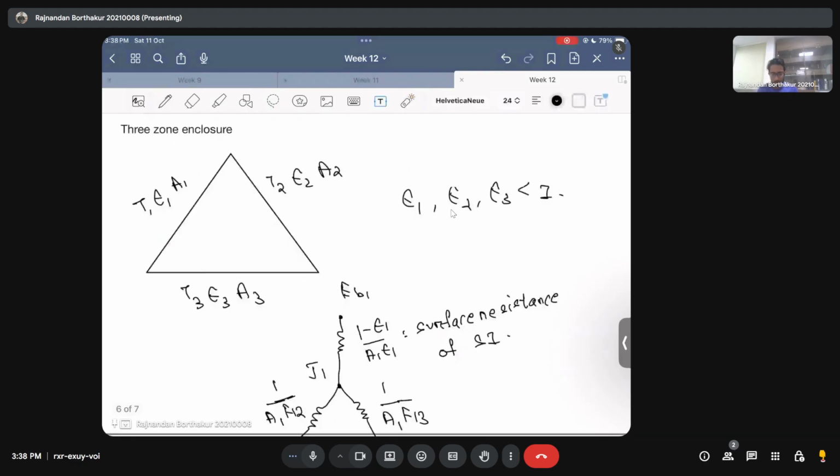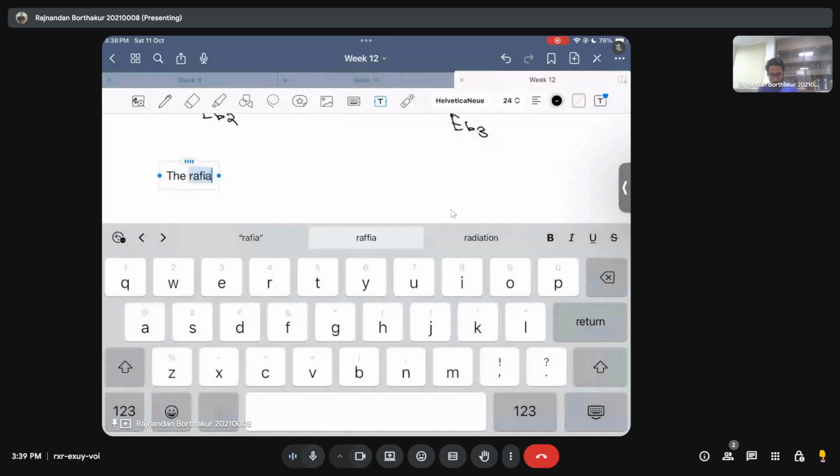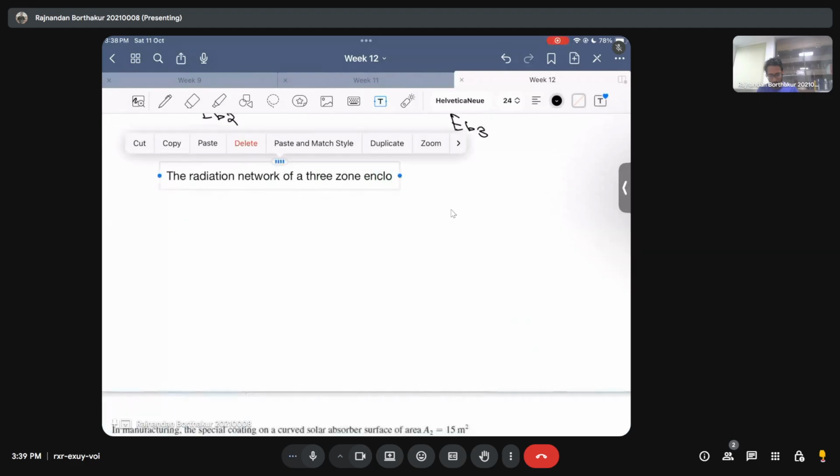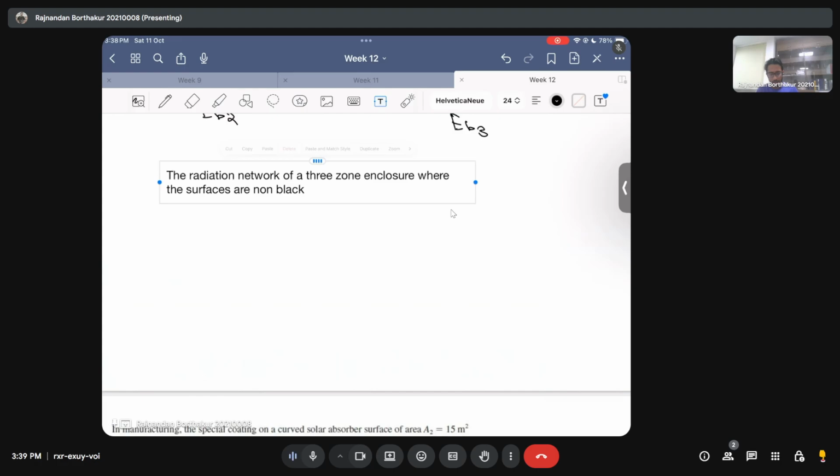This is nothing but the radiation network of a three-zone enclosure, where the surfaces are non-black. And as I repeat, you can equivalently draw the radiation network for black surfaces.